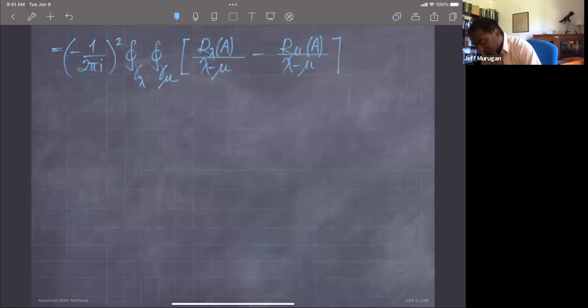So this I get from property 1. d lambda d mu. Okay.